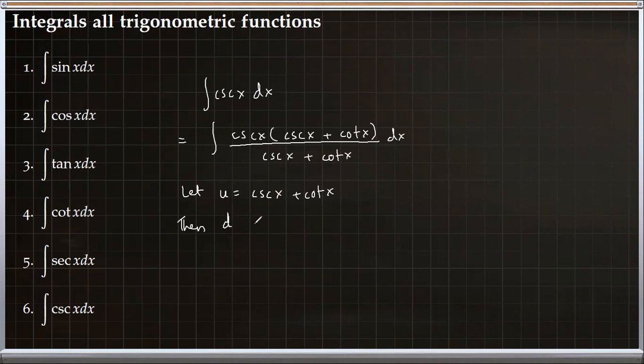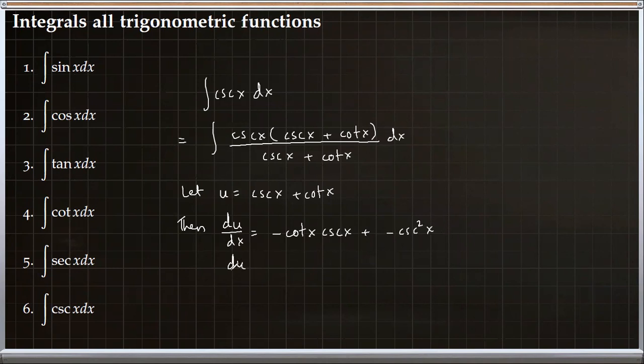Then since we want to write dx in terms of du, we have du over dx equals the derivative of cosecant x, which is negative cosecant x cotangent x, plus the derivative of cotangent x, which is negative cosecant square of x.